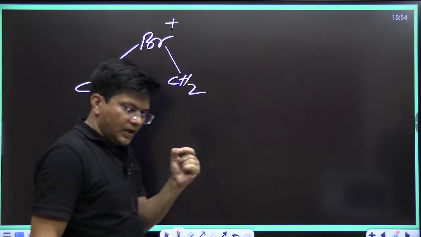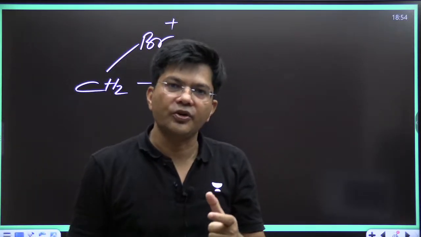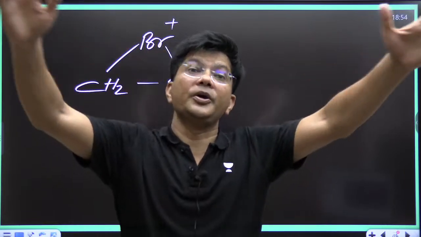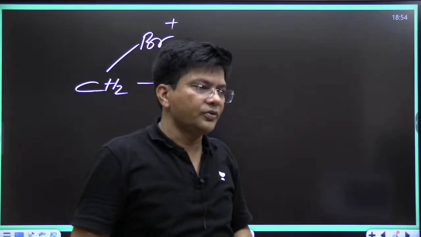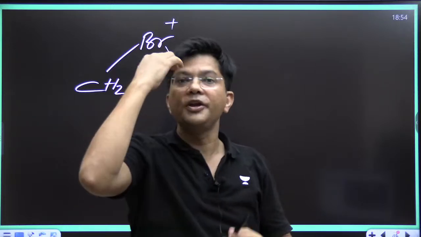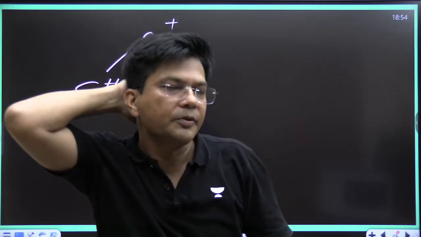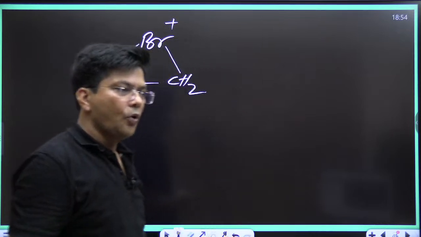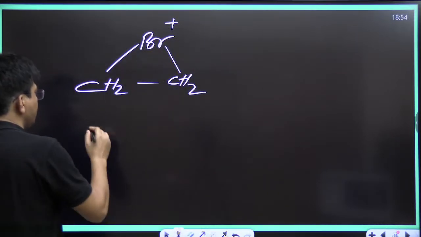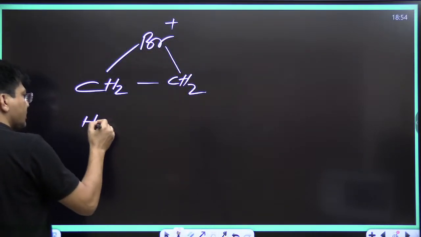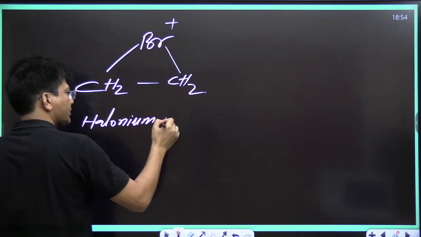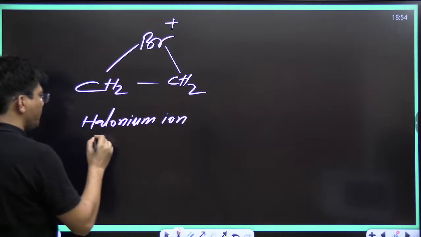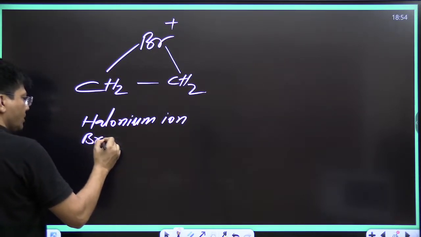Just like if carbon has a positive charge on it, we say carbonium ion. If oxygen has a positive charge on it, we say oxonium ion. Now bromine has a positive charge, so we say bromonium ion. So this is a halonium ion, and right now it is a bromonium ion.